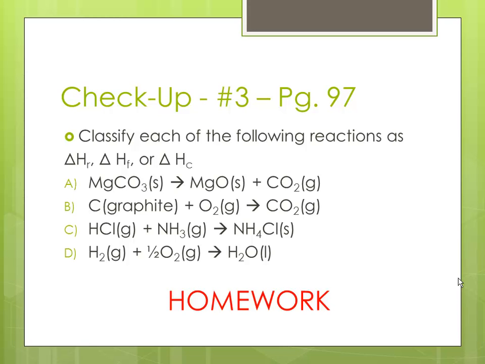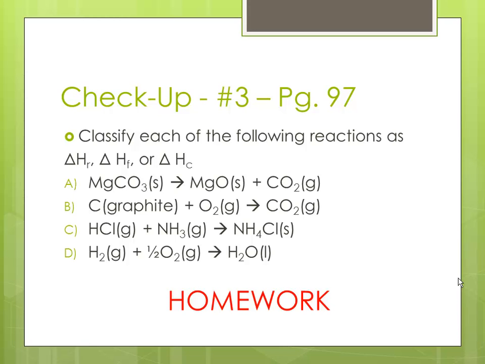And the second homework question is pretty easy. All you need to do is classify the reactions as heat of reaction, or enthalpy of reaction, enthalpy of formation, or enthalpy of combustion. You've got magnesium carbonate producing MgO and CO2. Graphite and oxygen making CO2. HCl and ammonia making ammonium chloride.